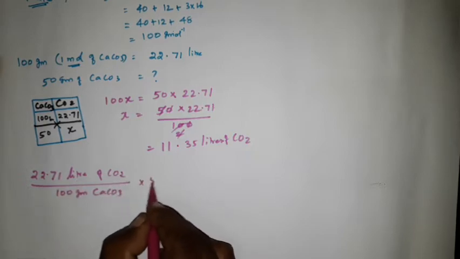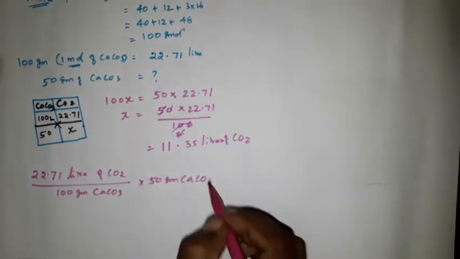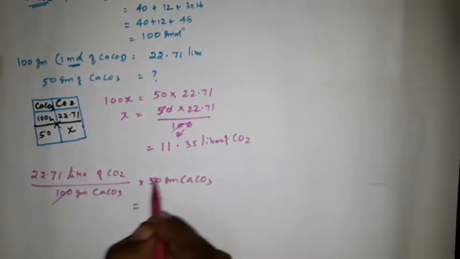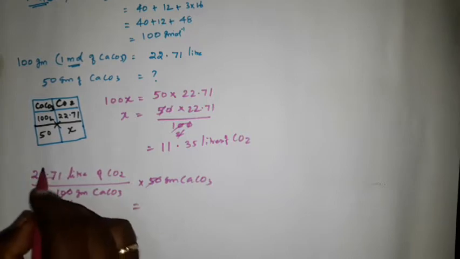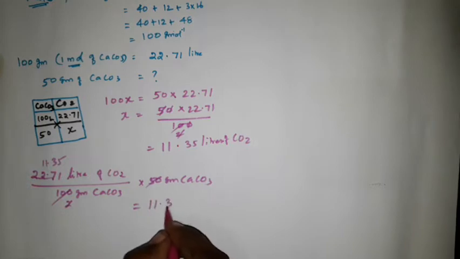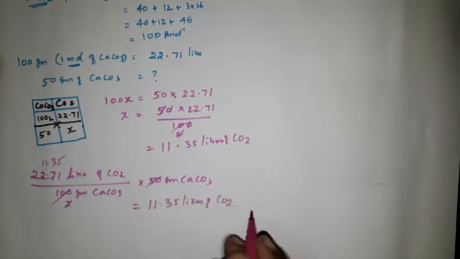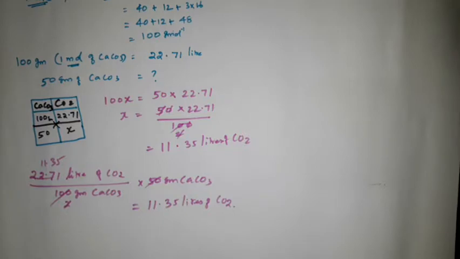Then 50 grams of CaCO3 will produce how much? Then cancel it. So the answer will be 11.35 liters of CO2. This is the final answer. Clear? Okay, we will see some more examples.